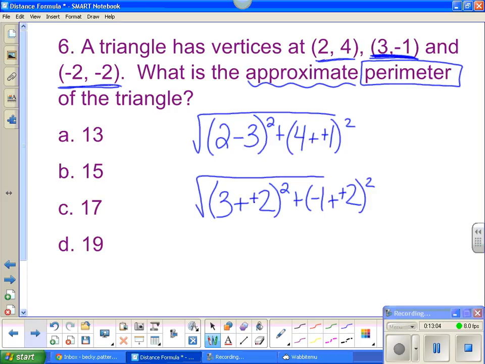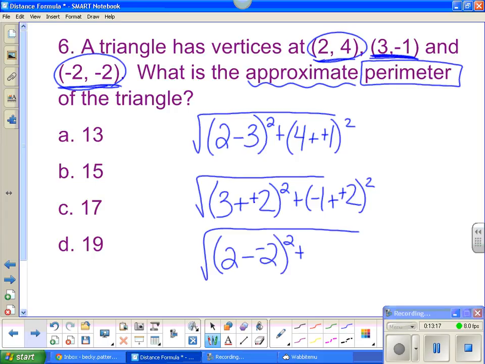Do that one too. And then for the last one, I have to do the first point and the last point. So that's going to be x minus x squared plus y minus y squared. And I've got some double negatives here.